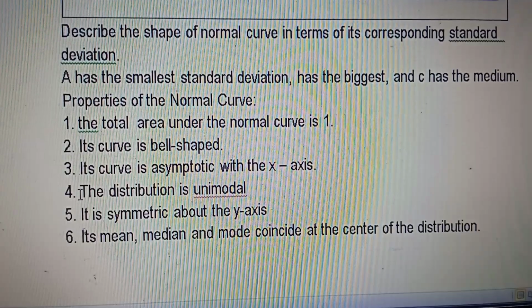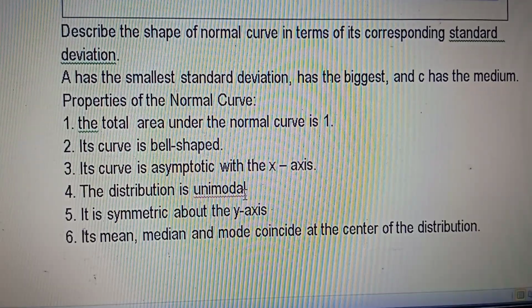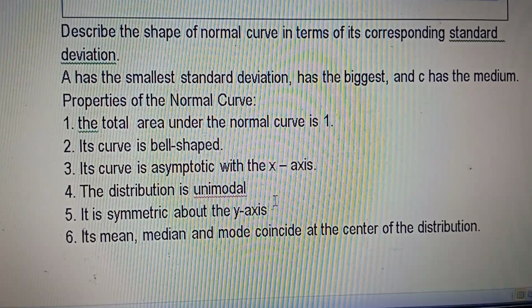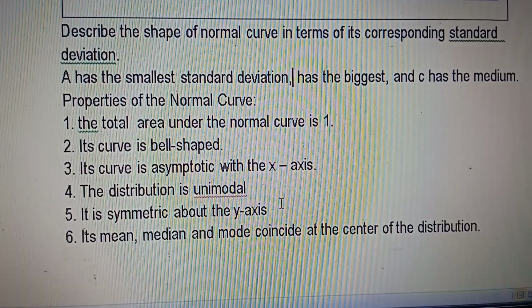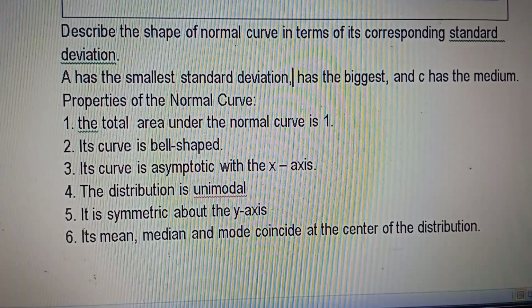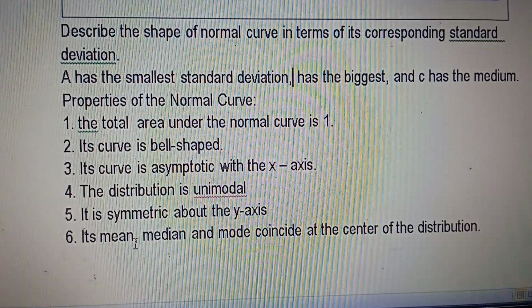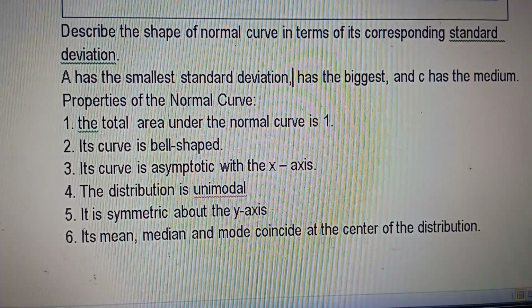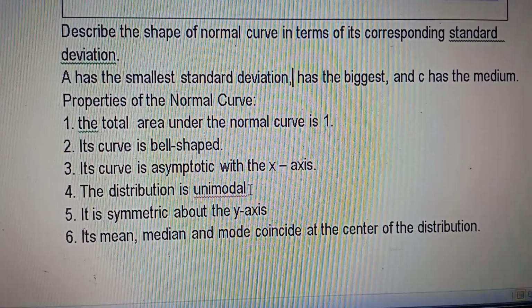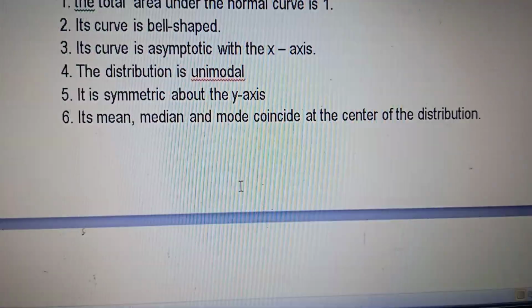Number 4, the distribution is unimodal. When we say unimodal, there is only one mode in the distribution. Number 5, it is symmetric about the y-axis. And number 6, its mean, median, and mode coincide at the center of the distribution. So these are the properties of the normal curve.